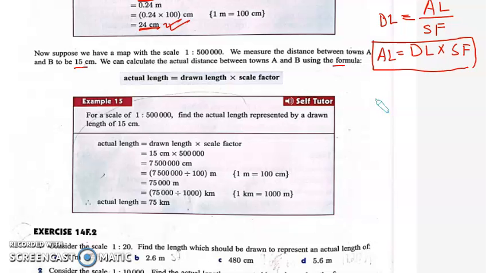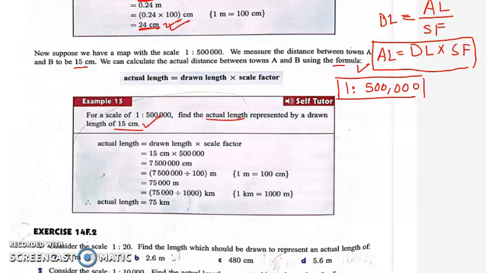So we have a question: for a scale factor of 1:500,000, find the actual length represented by a drawn length of 15 centimeters. This is your scale, and if you draw something of length 15 centimeters, what will be the actual length?